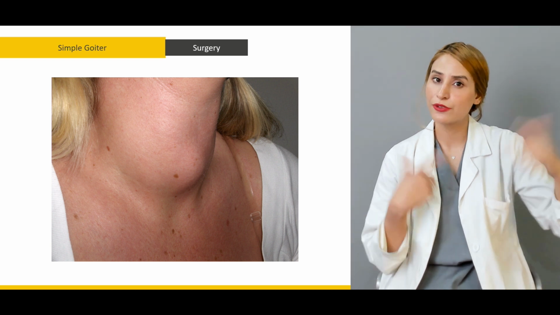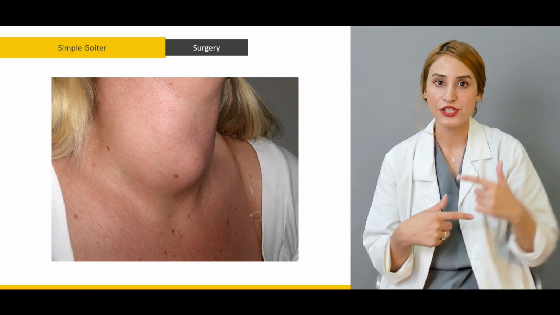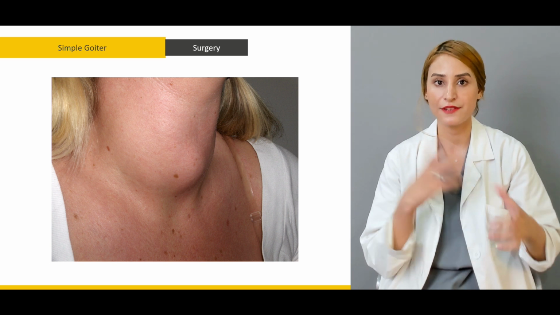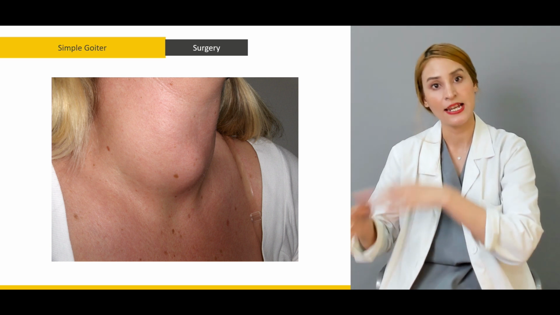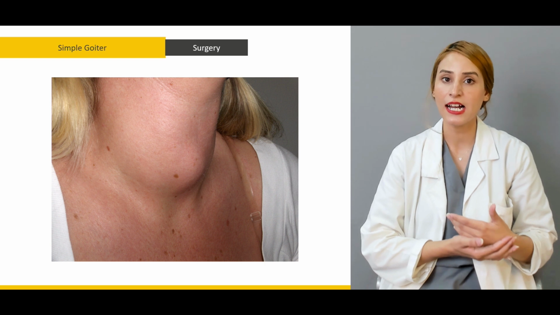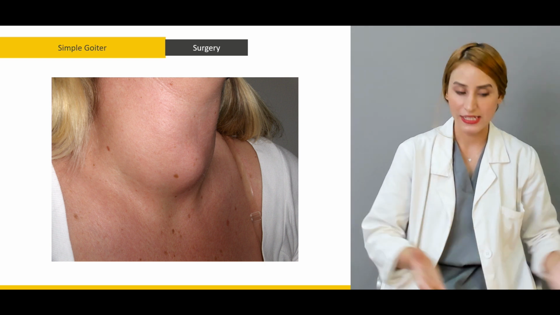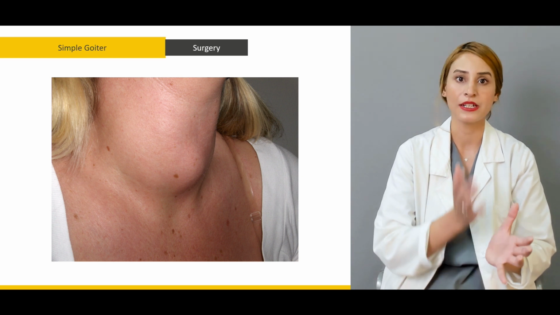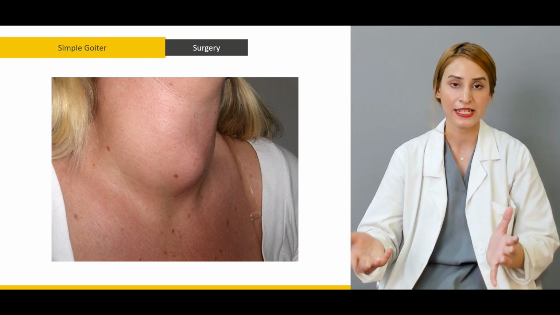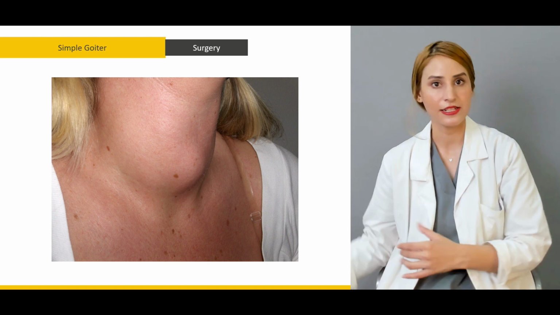Because if you recall that physiological diagram I showed you guys, there was dietary iodine, which was then converted into iodide, and it was then incorporated into the thyroglobulin, and that's how monoiodotyrosine, diiodotyrosine, and then T3 and T4 were formed.